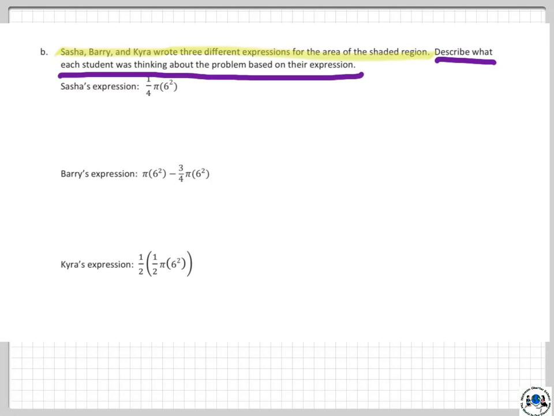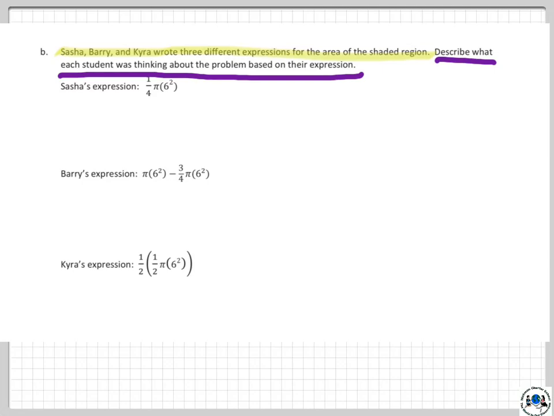I would tell you right now that every one of their expressions is going to lead to a correct solution, but they approached it differently. Take a minute and jot down some of your thoughts for Sasha, Barry, and Kira, and come on back.